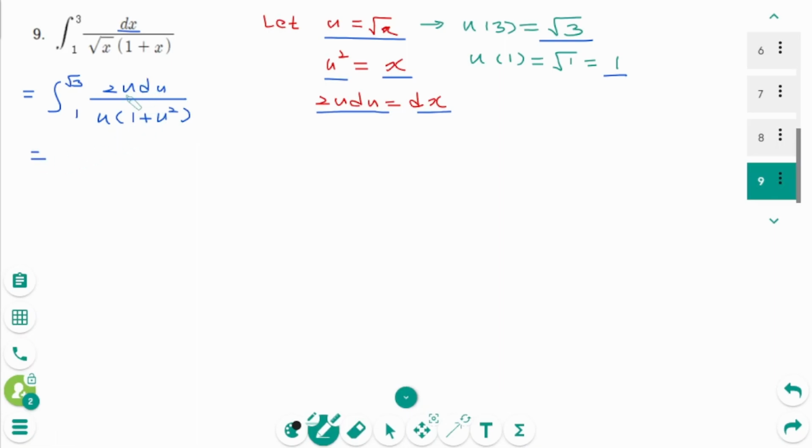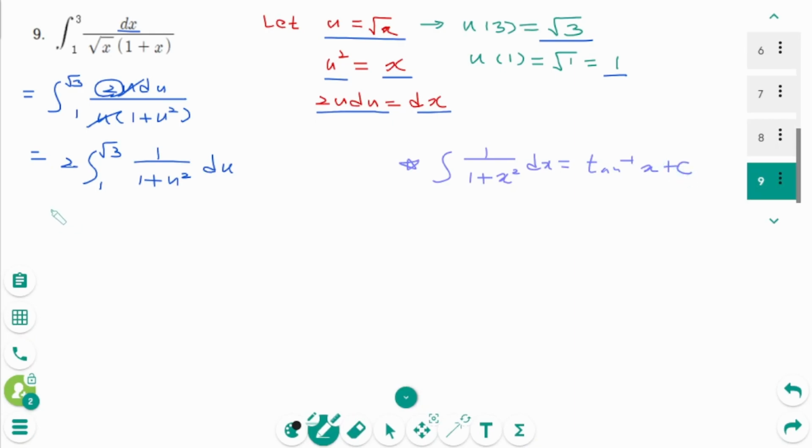Equals, u is cancelled, 2 moves here, the integral from 1 to square root of 3 of 1 over 1 plus u squared du. Now use the formula: the integral of 1 over 1 plus x squared dx equals arctangent of x plus c, equals 2 arctangent of u.